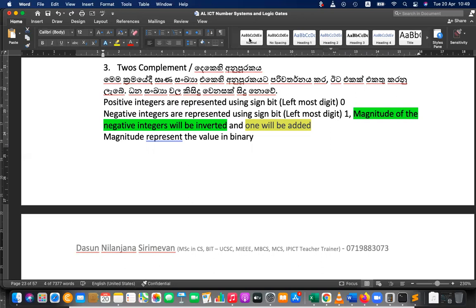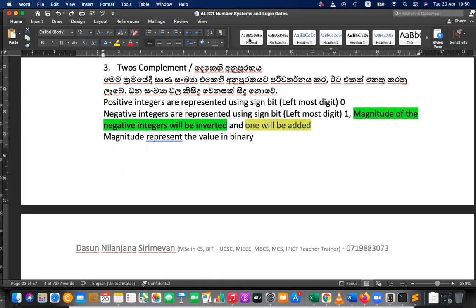Positives are the same. Negatives: first method, sign only. Second method, sign and inverted magnitude. Remember that complement means the reverse. Unlike sign and magnitude, in one's complement the magnitude is reversed.